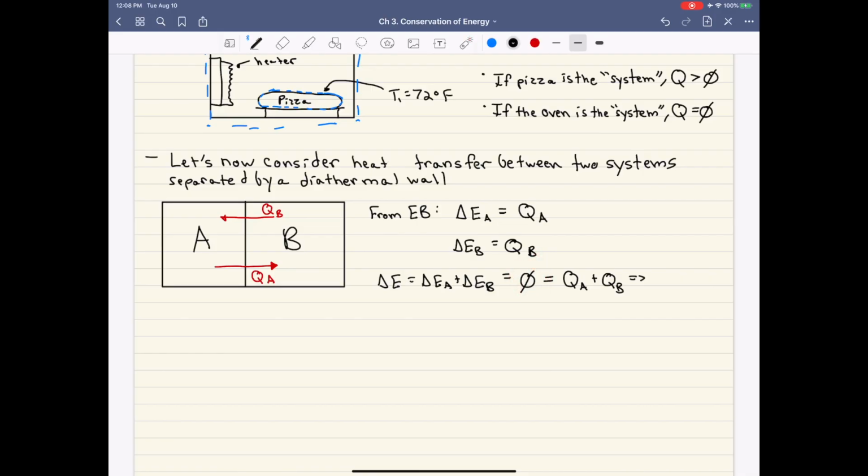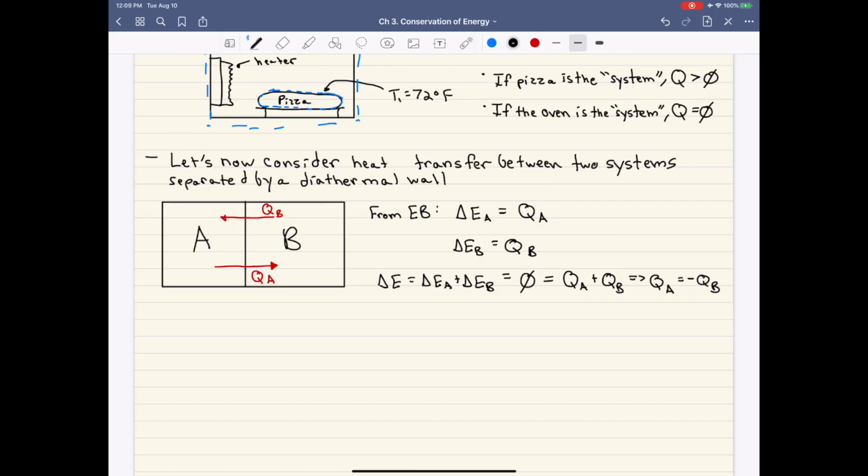Therefore, the heat leaving from compartment A to compartment B has to be equal to the negative of QB. And that's just from a simple energy balance analysis.